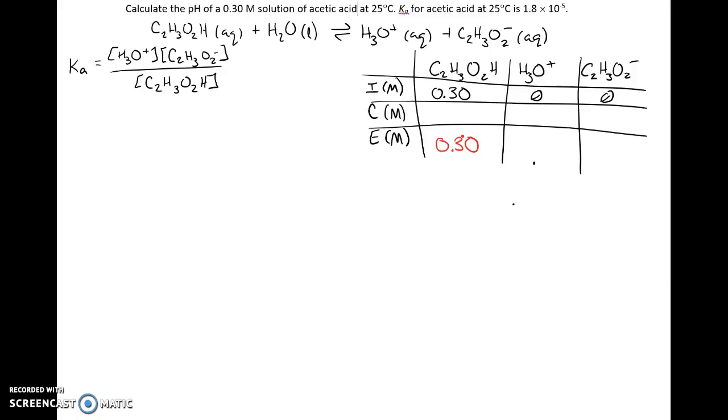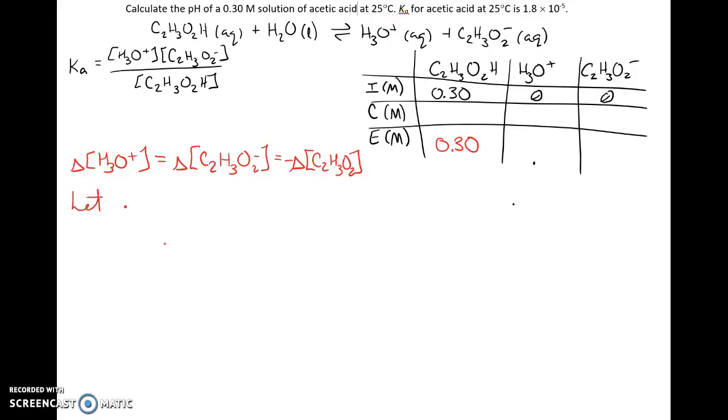From stoichiometry, we can see that the change in concentration of hydronium ions will be the same as the change in concentration of acetate ions, and will be the same as the negative change in concentration of acetic acid. So let's assign a variable.